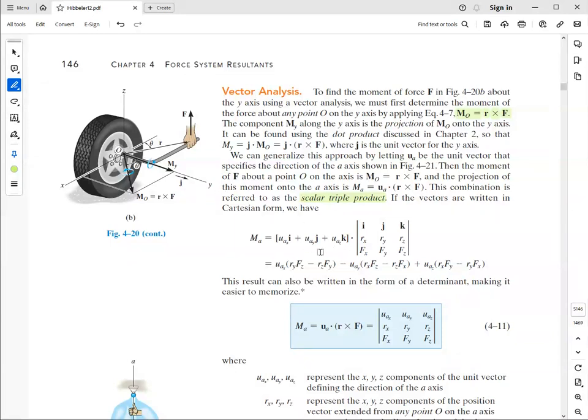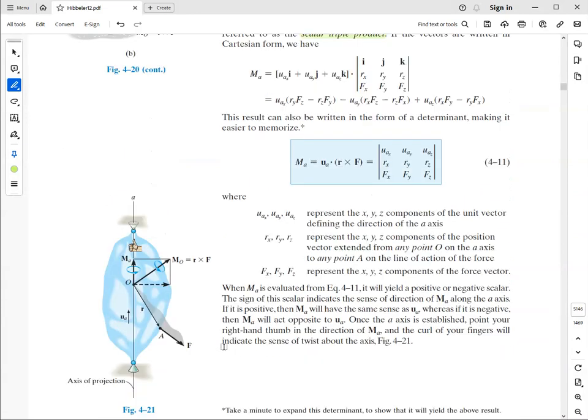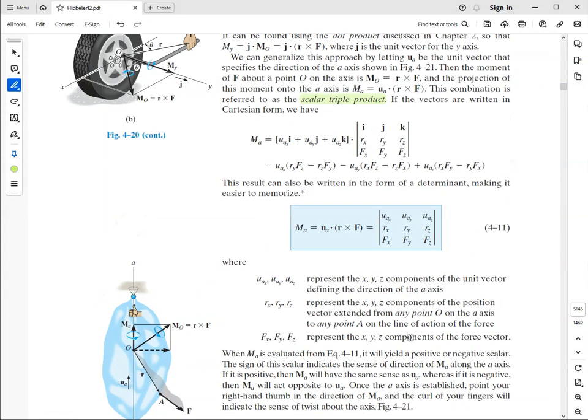Here it is the y-axis, and the unit vector associated with the y-axis is the j unit vector. But in general, we can be interested in projecting the moment of a force about an axis of unit vector UA with all three components non-zero.